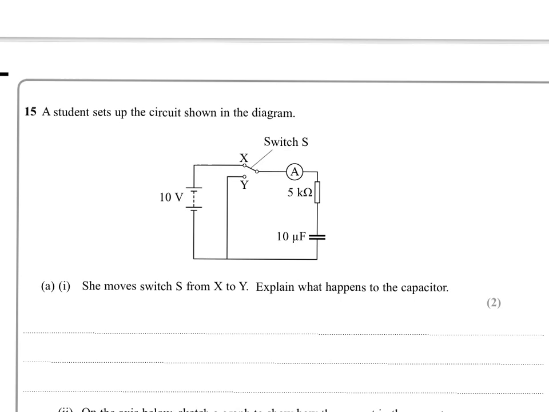Okay, so we have got a 10 volt power supply. So if this is at X for a while, this capacitor will be at 10 volts. So when you put it into this circuit and it's discharging itself, this capacitor behaves like a 10 volt voltage source.